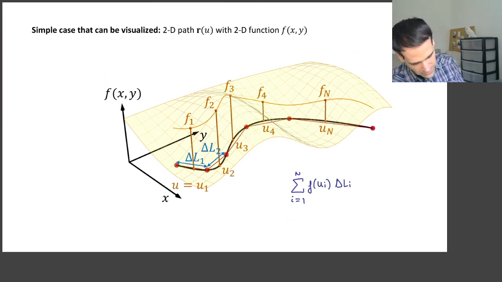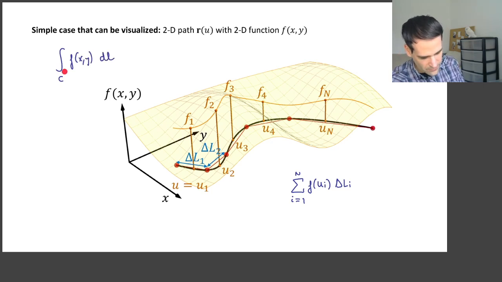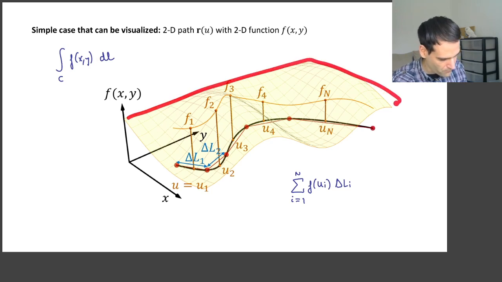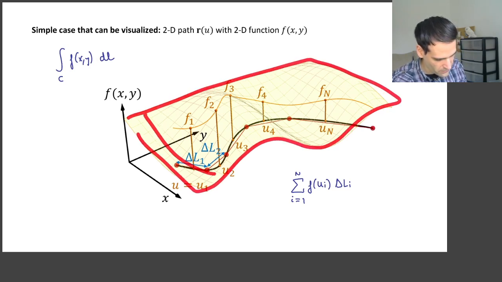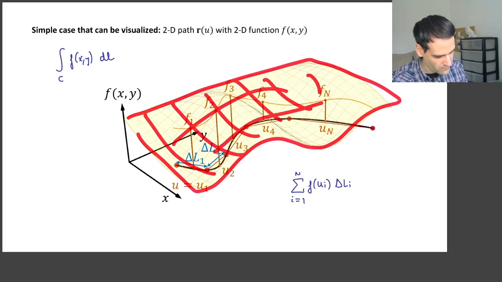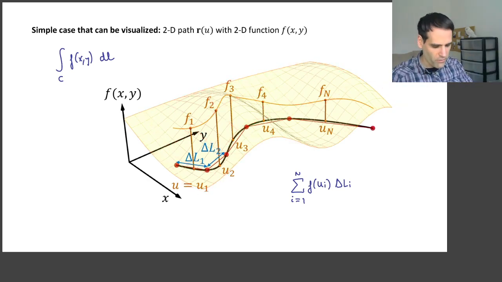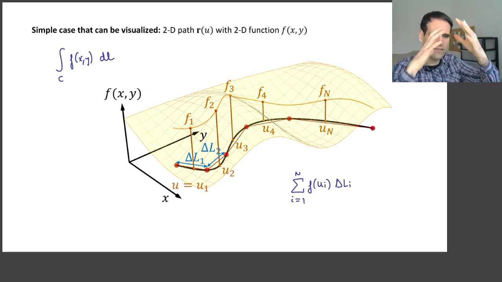That's the function we're integrating, and this curve is on the xy plane in this simple case. So we can plot our function f of xy as this yellowish surface here. This wavy yellowish surface is our function f of xy. As you know, a two-dimensional function represents this kind of surface.